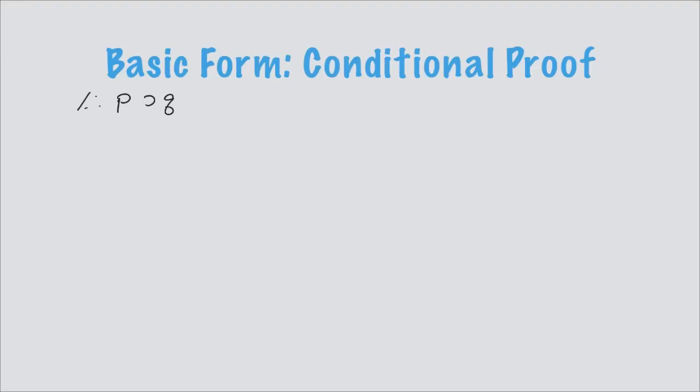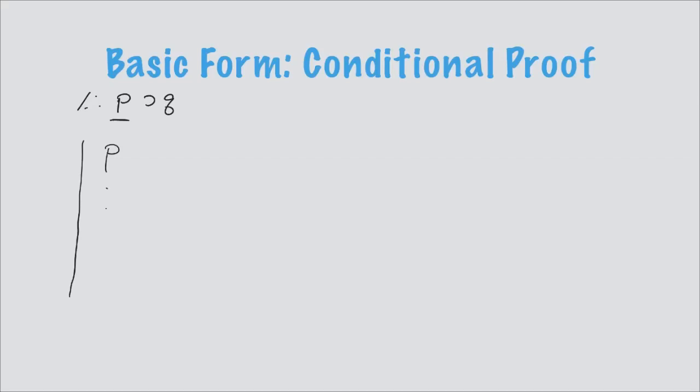Now it might be the case that I could solve this using my replacement rules. I could change this into an OR statement through a conditional exchange, and then look for one of the pieces and add the other. If I could find not P and then add Q and then change it back, all of these are possibilities. So there's nothing here that says you must use conditional proof. It just so happens that oftentimes it makes the problems easier. So if my conclusion is a horseshoe statement, P therefore Q, the first thing I'm going to do is assume the antecedent.